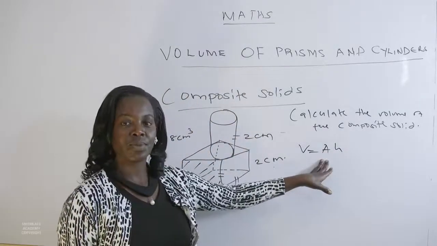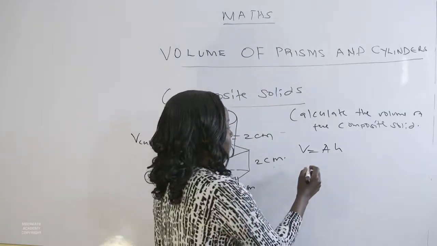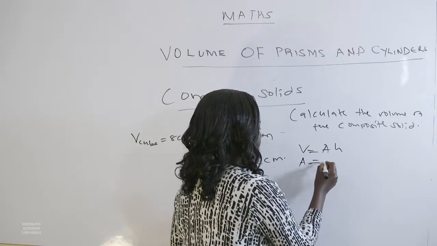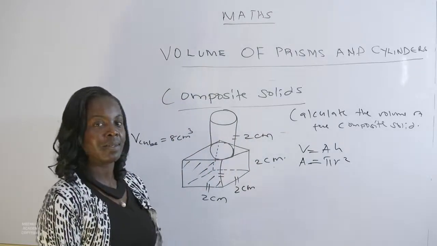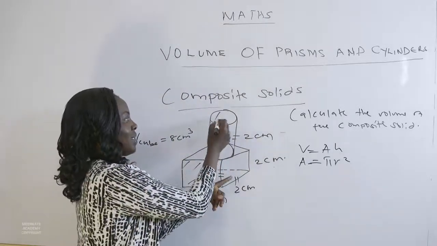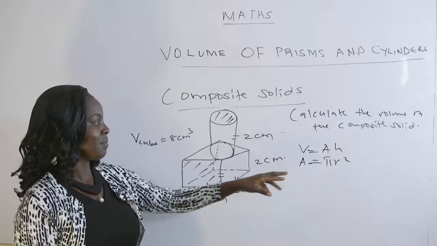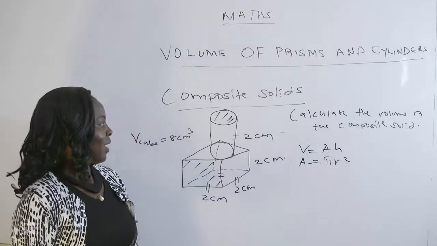Again, volume is equal to area times the height. Area is given by the base. The base is the circle, pi r squared.